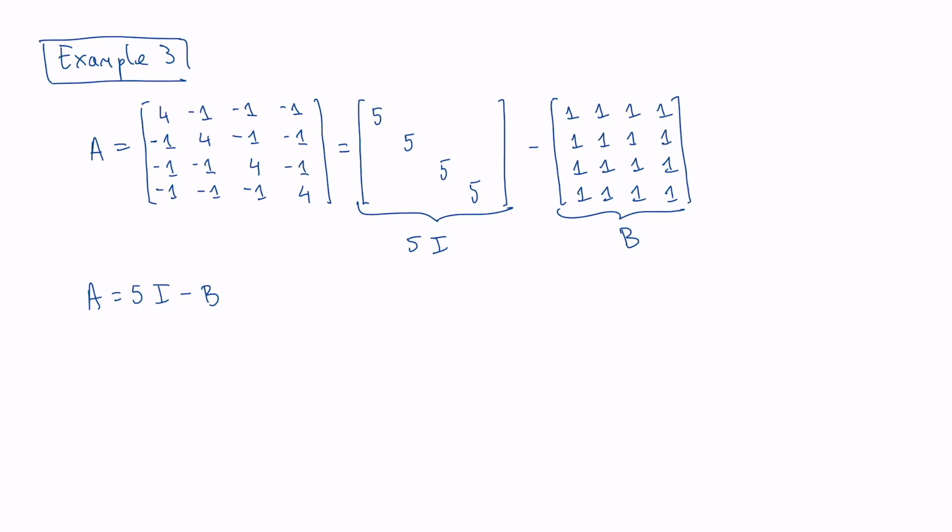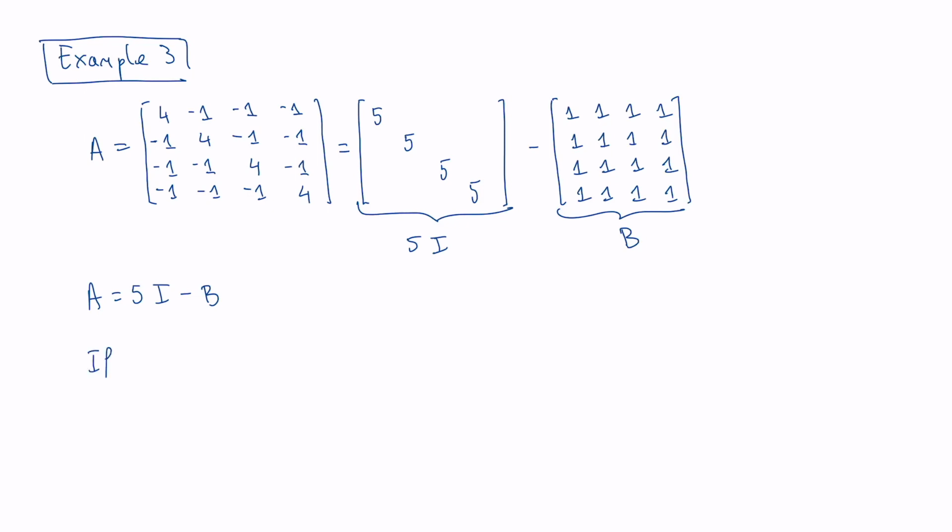Let's forget everything about B except the fact that it's very easy to work with B in the world of eigenvalues and eigenvectors. So we like this B, and I'll show you why in a minute. But because we like this B, let's see how that helps us with A. So the key is the following.